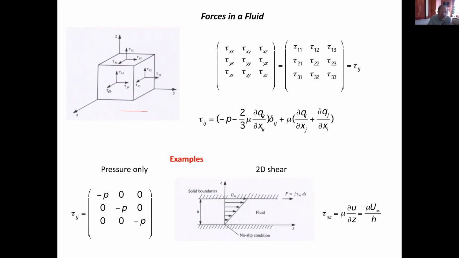So tau xx is essentially the pressure, okay? And then tau xy is going to be the force which is acting in the y direction, but on the panel which is facing the x direction.